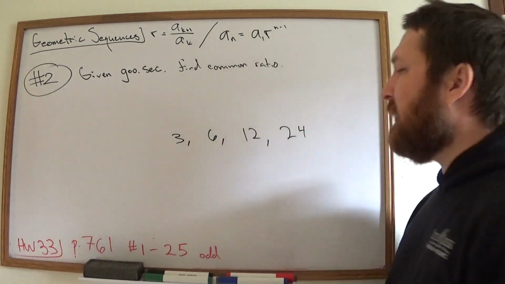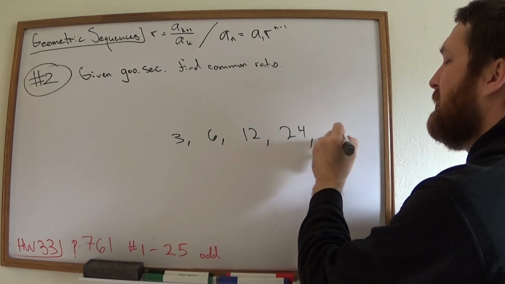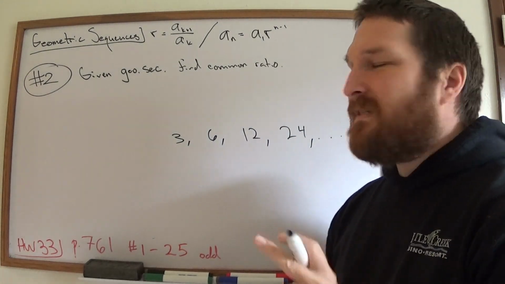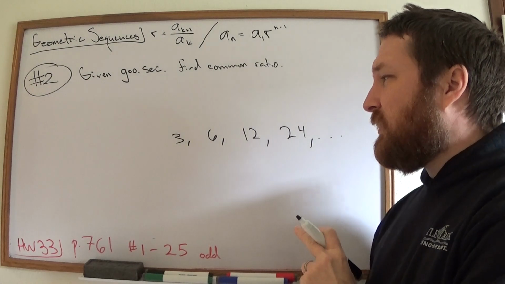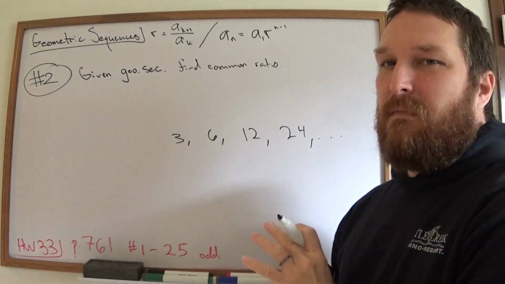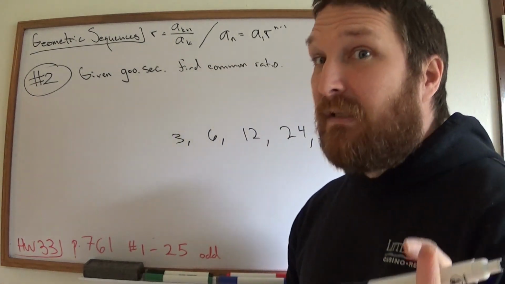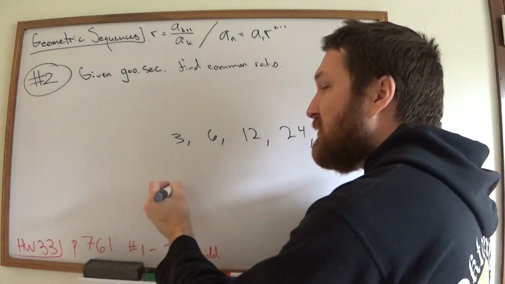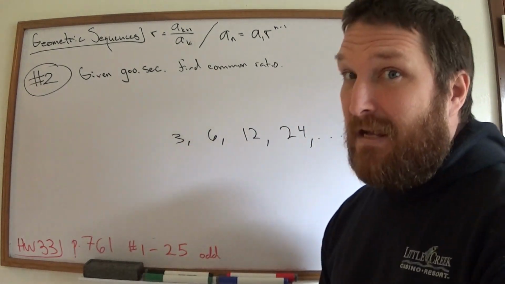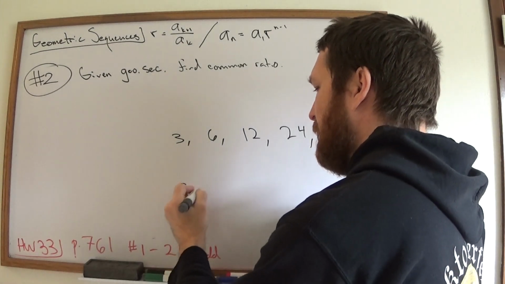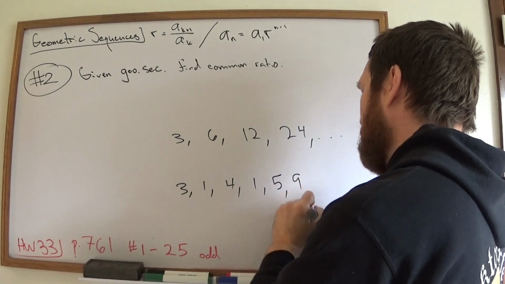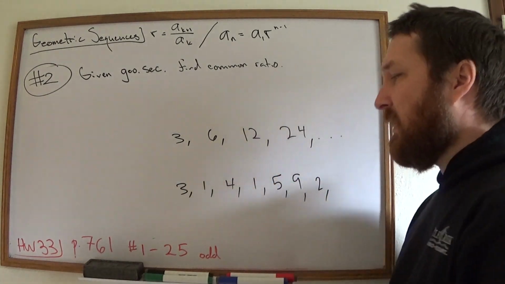4, you might look at that and go, oh, yeah, that's a geometric sequence. But remember the example I did the other day. This is not enough because we could go anywhere with this. Sequences can be completely random. They don't need to follow patterns. Like if you take the digits of pi, that's a sequence: 3, 1, 4, 1, 5, 9, 2, and so on and so forth.